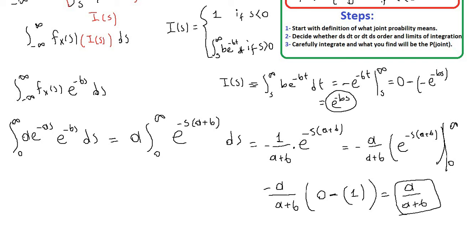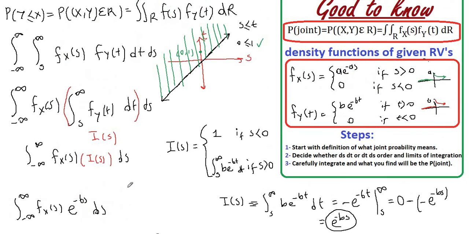So we can conclude that probability that y is less than or equal to x is equal to a over a plus b. Here a was the parameter of random variable x and b was the parameter of random variable y.